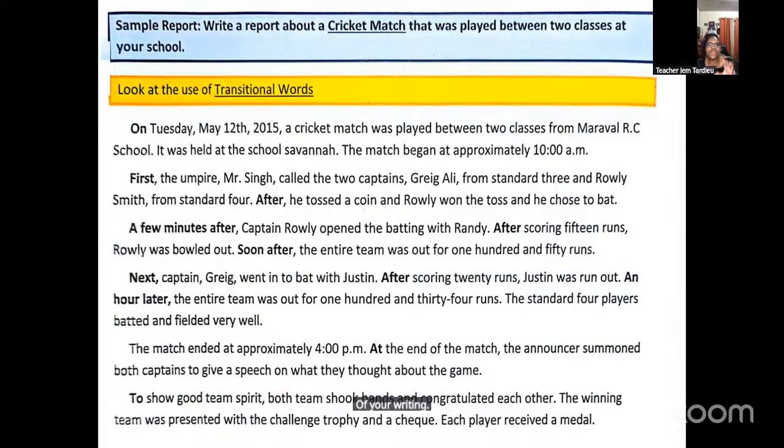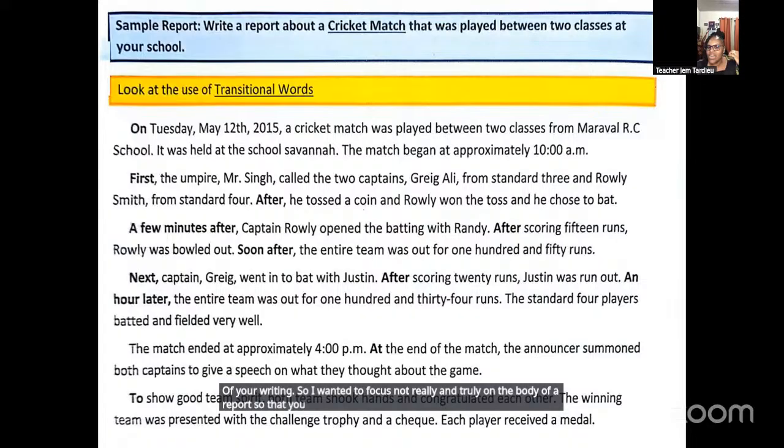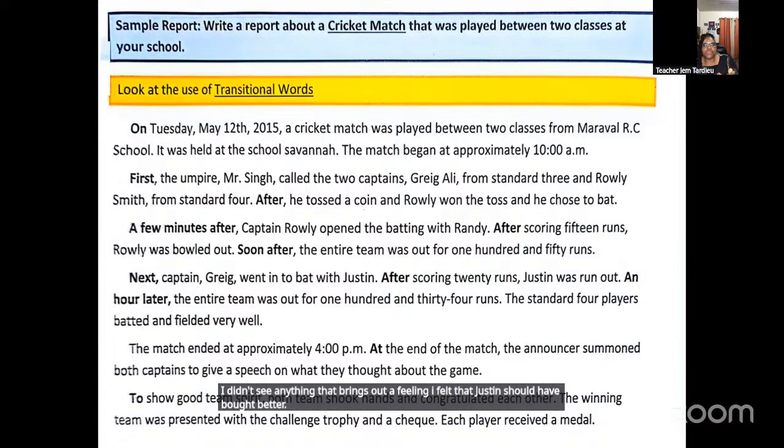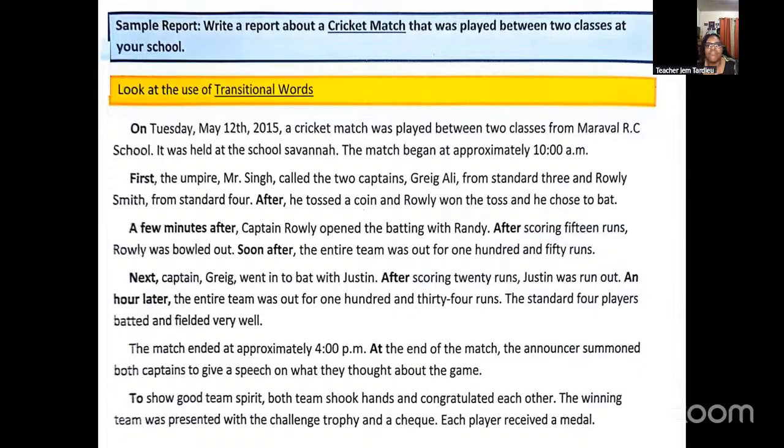So I wanted to focus really and truly on the body of a report so that you can get an idea what it looks like, what it sounds like. I didn't see anything that brings out a feeling. I felt that Justin should have batted better, or maybe Randy was being sluggish on the field.